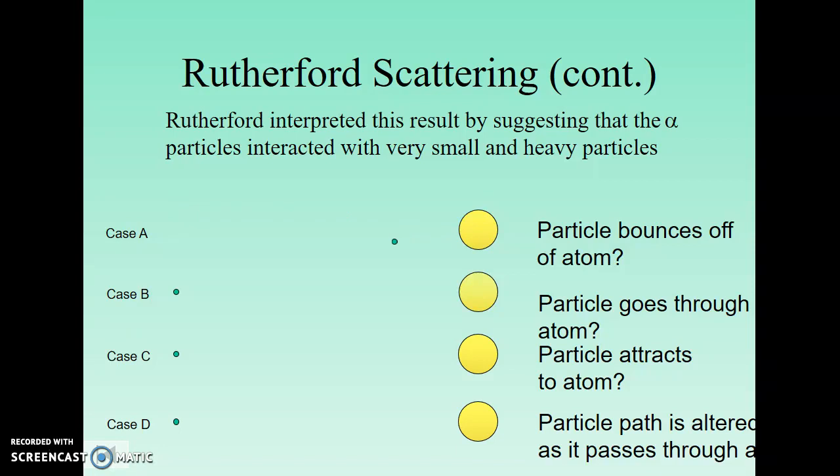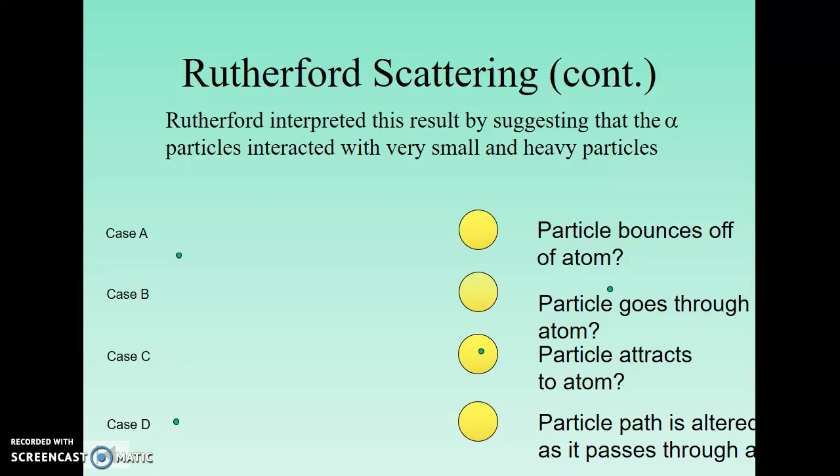So in case A, the particle bounces off the atom. Okay, then what do we think? Then there must be a very small, very heavy something that's causing it to do that, and that something is the nucleus. In case B, it goes straight through the atom, so what do we think then? Well, then most of the atom is empty space.